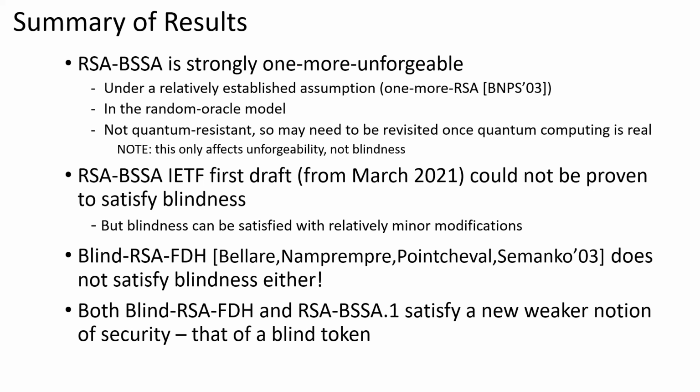And the interesting thing is that the alternative, the one that Google uses, the blind version of RSA-FDH, actually doesn't satisfy the modern definition of blindness either. But they both satisfy a weaker notion, which we've defined as blind tokens, and it turns out that it's good enough for the applications where they're used. All right, so that's a summary of the results. Now let's jump into the details.